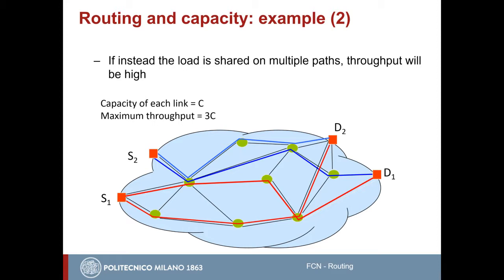So in this case, the maximum throughput will be 3 times C, because here you have again the sharing of the same link by two different flows. But in this case, you cannot do anything else because you have a single physical link that is connecting this node to the rest of the network. But still it is an enhancement compared to the previous case.